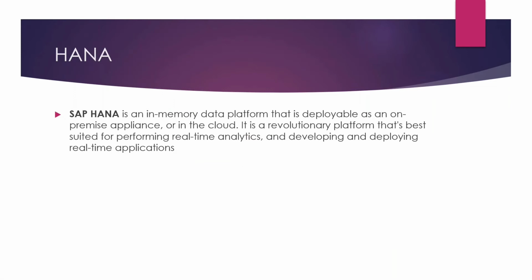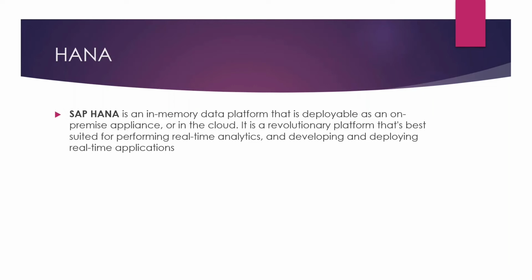Now S4. SAP started with different versions. Now you forget about all the other old versions. I don't want to give you the old version names and get you confused with so many things. Now everywhere it is SAP S4HANA.